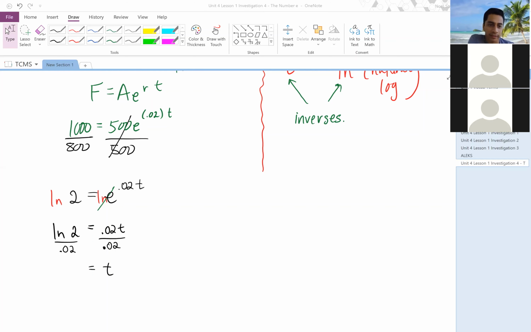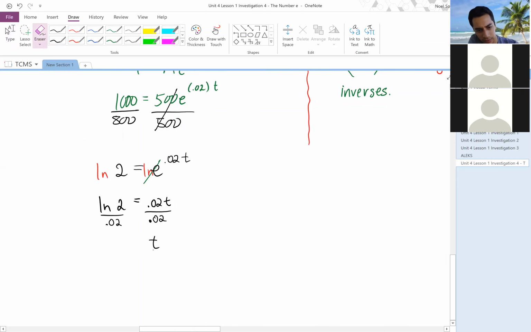Okay, so then the time that it's going to take for the investment to double is going to be 34.65. Okay, so almost 35 years. So we can change this to approximately 34.65 years, but basically about 35 years.